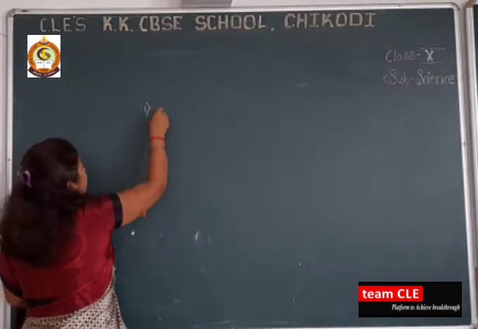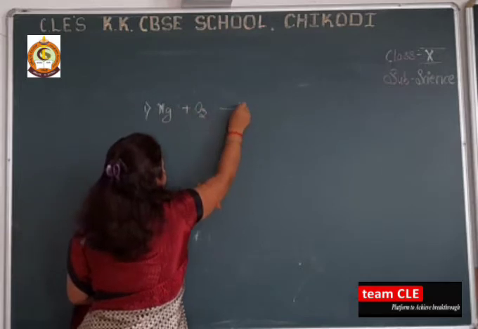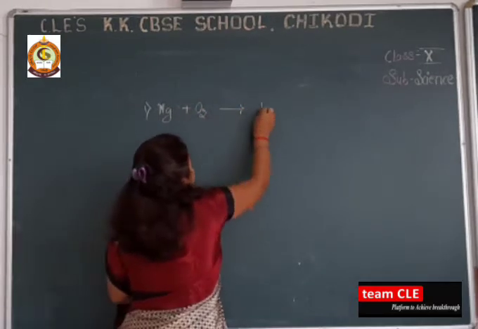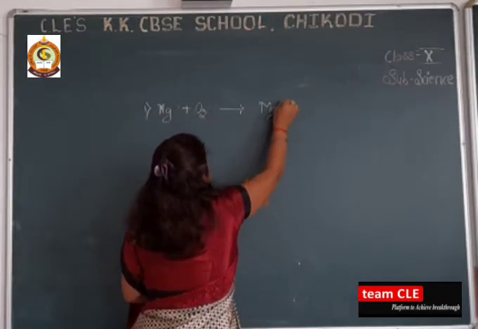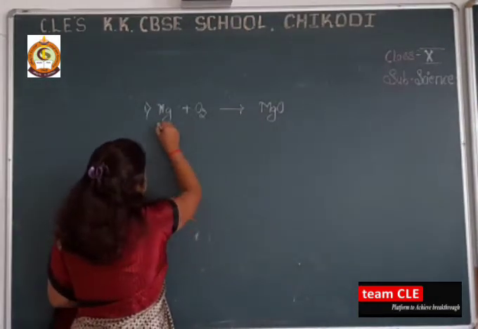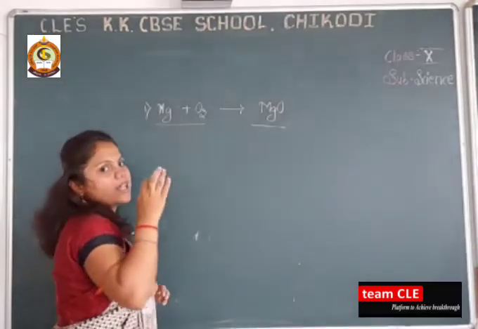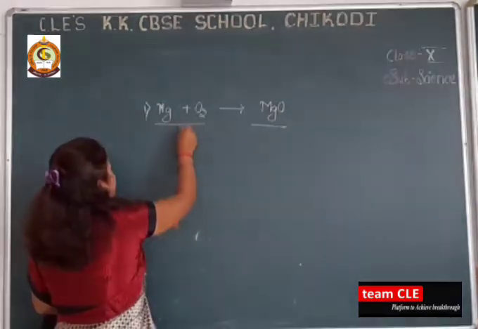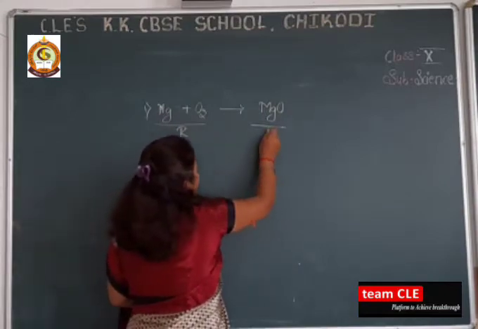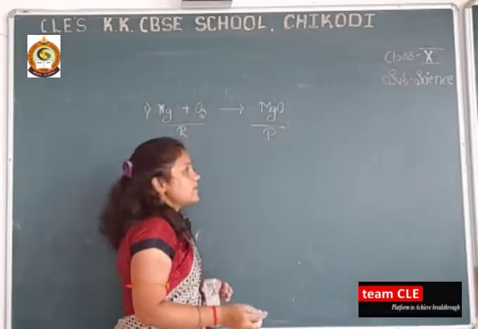Okay. So as I told, this is not a properly balanced equation. So better I will write the reactant part and the product part, so it will not confuse. I will write R for the left hand side and P for the right hand side.